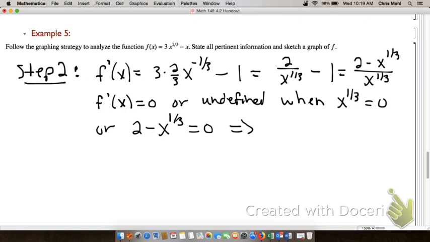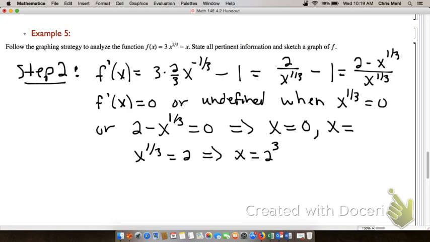And when you solve both of these, you're going to get x equals 0 for the first equation, and for this one right here, x to the 1/3 equals 2, which implies that x equals 2 cubed, which is 8. Okay, so those are going to be your critical numbers, right? Those are partition numbers, but the domain was all real numbers, so that means those are the critical numbers. Those are the places where we possibly have a local max and min.